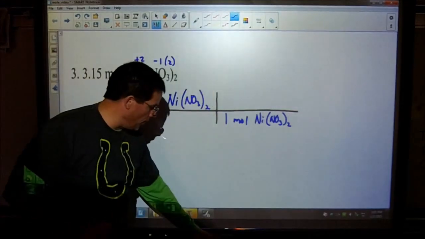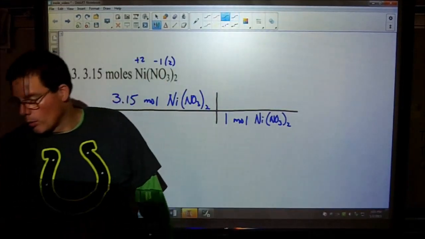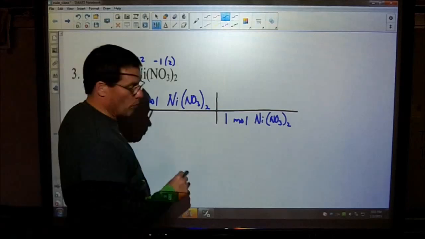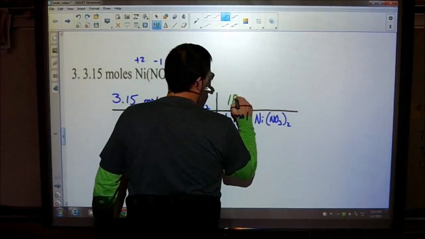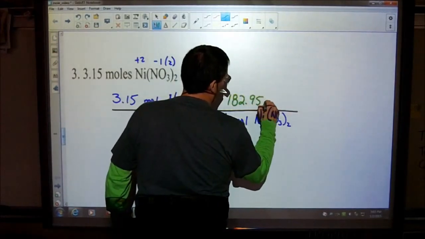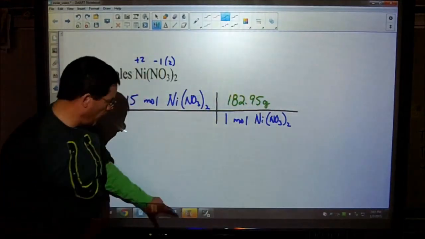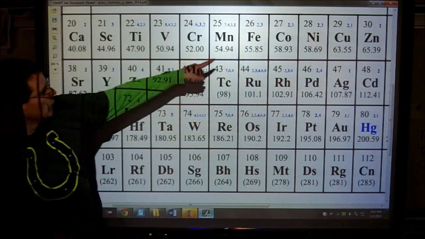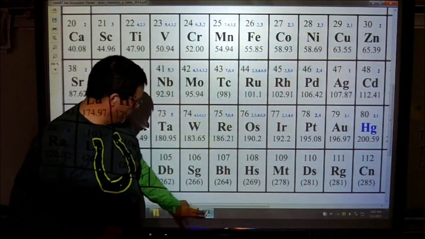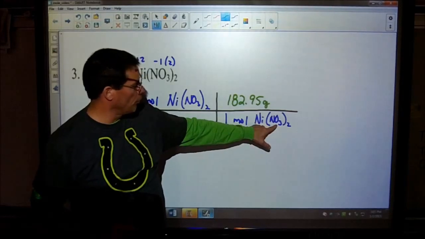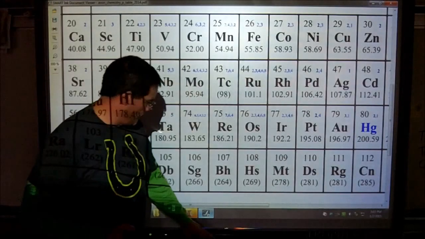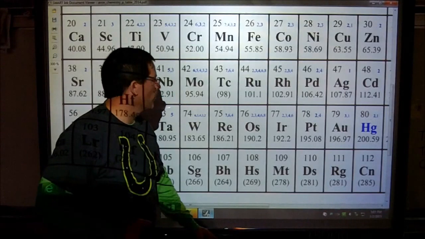And nickel 2 nitrate has a molar mass of 182.95 grams. And how did I find that? I went to the periodic table and found nickel, which is 58.69, and add that to 2 nitrogens plus 6 oxygens. Let me do that real quick.